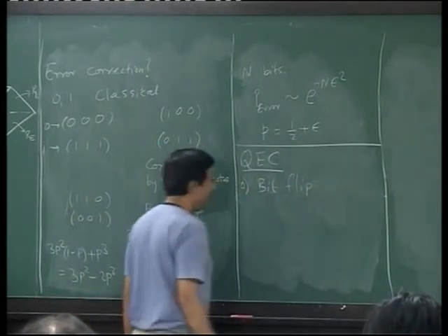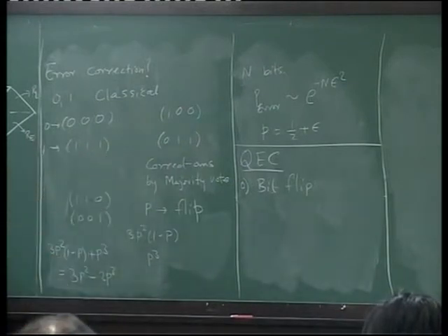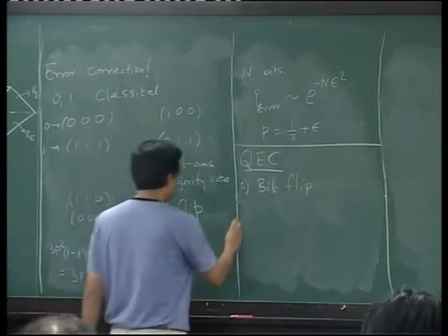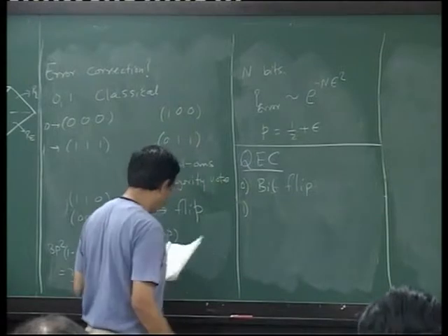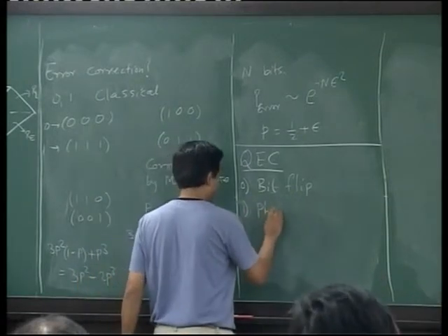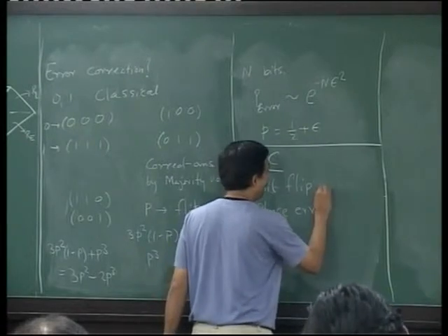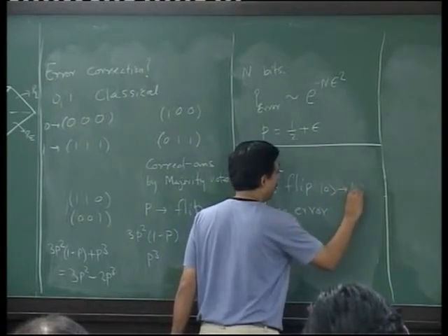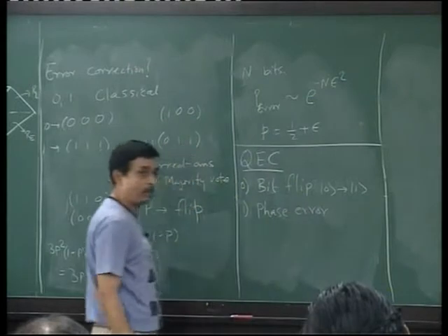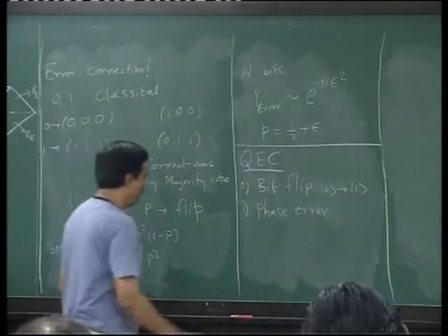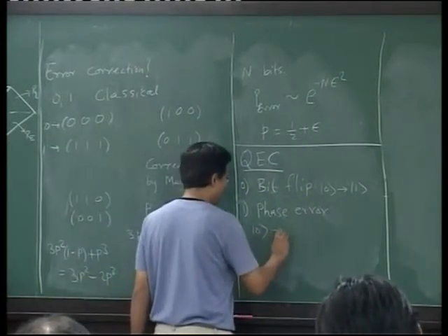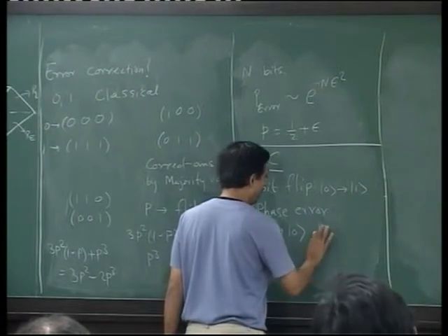Second one, which is what I call 1 really, is phase error. Bit flip is basically state 0 goes to 1 or vice versa. Phase error means if you have a state 0, it goes to 0, but a state 1 goes to minus 1.